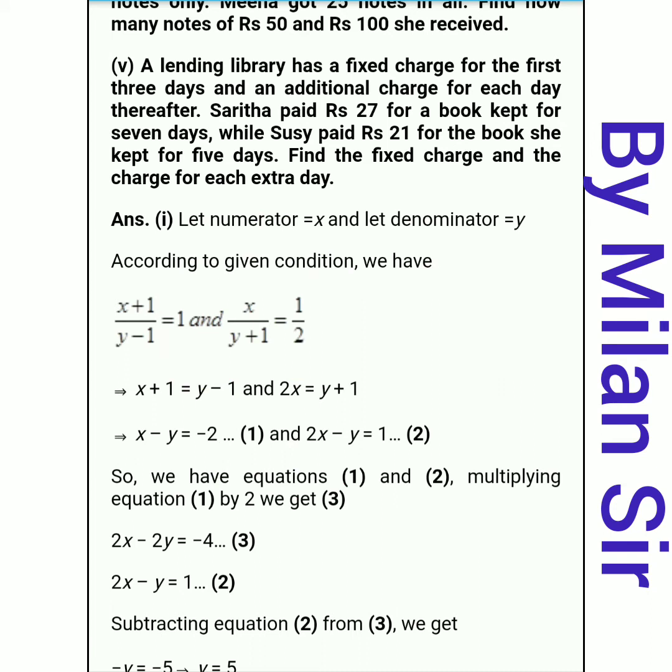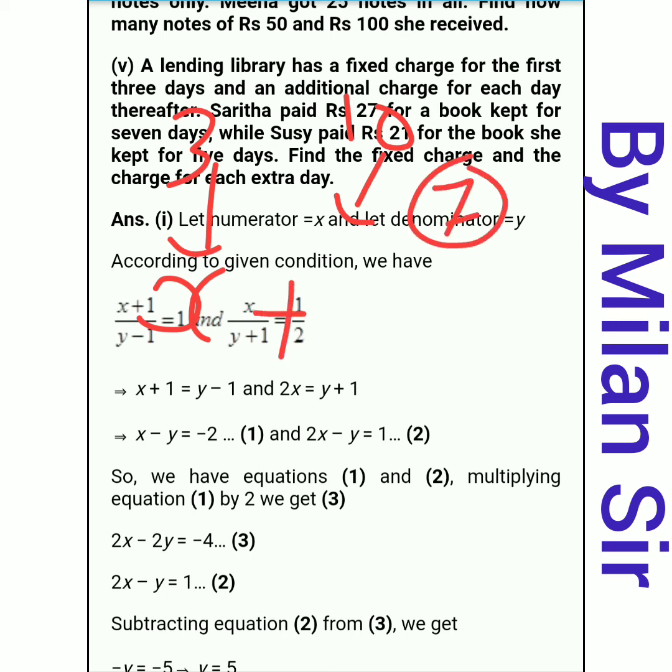Okay, if I keep one book for 10 days, for the first 3 days I need to pay x rupees, right? Then for the remaining 7 days I need to pay extra charges per day.